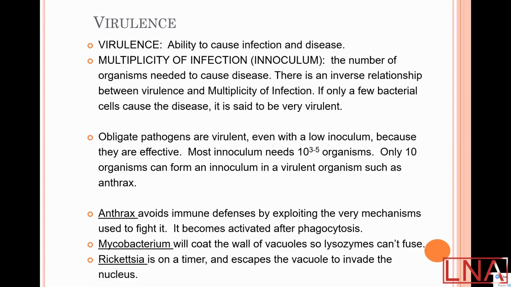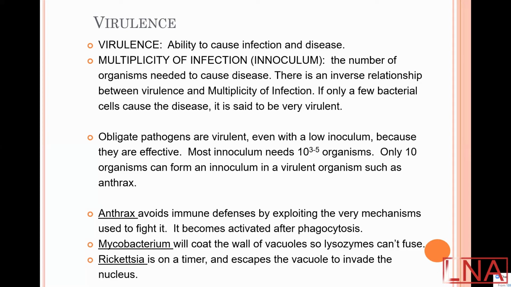Most inocula need 10 to the power of 3 to 5 organisms. Only 10 organisms can form an inoculum in a virulent organism such as anthrax. So for anthrax, just 10 spores or bacteria in the inoculum can cause the disease.